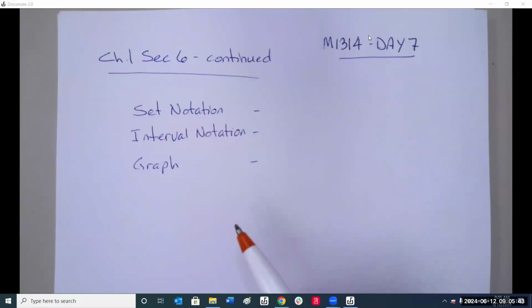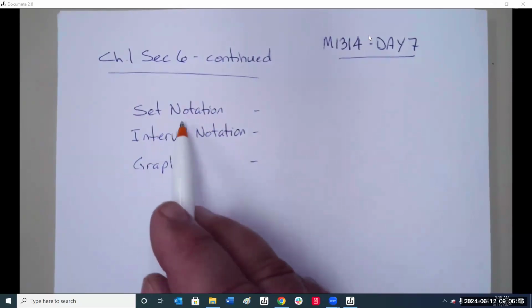Then what would interval notation look like? That would be the brackets and parentheses. Then you just said if it's ordered pairs, it would be brackets and parentheses, which is what you said for set notation. So no, one of those is wrong. Which one?